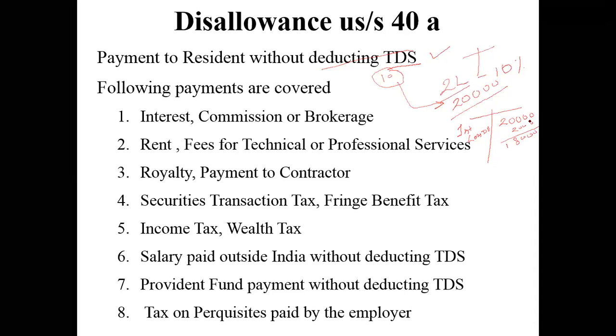If I do not deduct this 2,000 rupees and do not pay this TDS to the government, then the entire amount will not be allowed in my P&L account. That is the meaning of this section. It is applicable for interest, commission, brokerage, rental fees, technical fees, professional fees, and securities transaction tax. All these are included in section 40A.